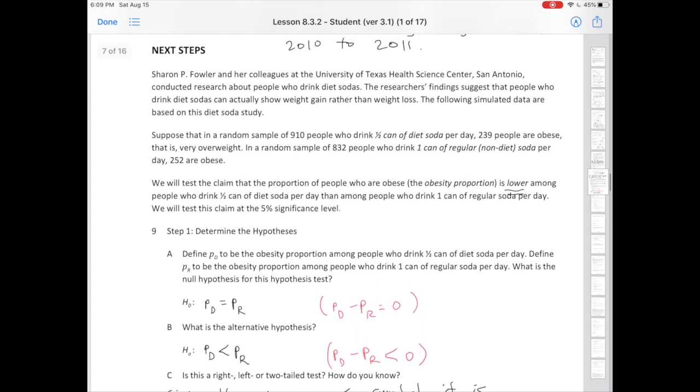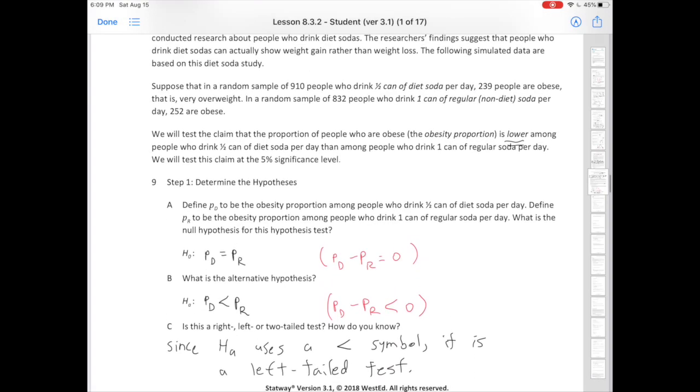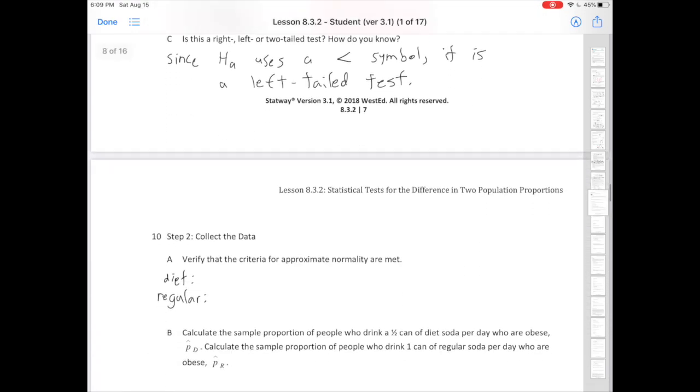So let's look first at diet soda. It says that in a random sample of 910 people who drink the diet soda, 239 are obese. So that means 239 out of 910, 239 successes. And what's 910 minus 239? Because that's going to tell us how many people are not obese, right? So if you do 910 minus 239, you get 671 failures.